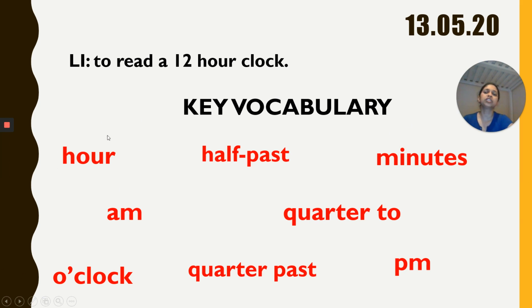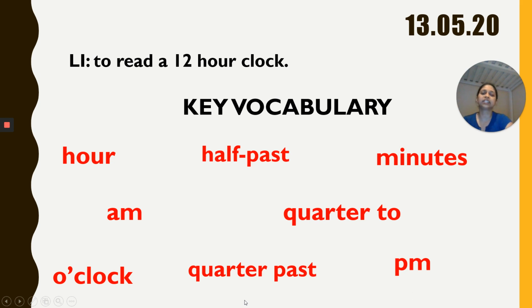Just to recap, the hour is the shortest hand on your clock, and you've got a 12-hour clock and a 24-hour clock. Minutes are shown by your longer hand on the clock. We'll be doing a lot more about minutes today as well, as we do the 12-hour clock.